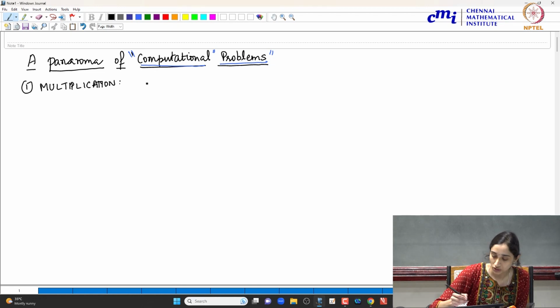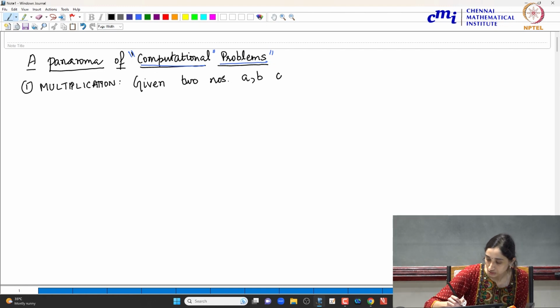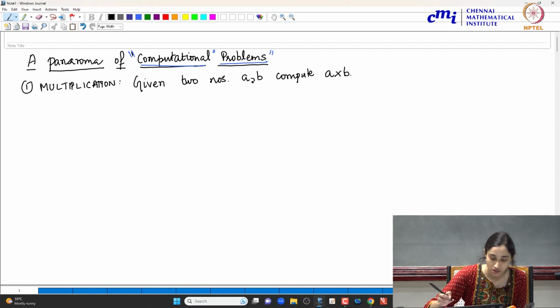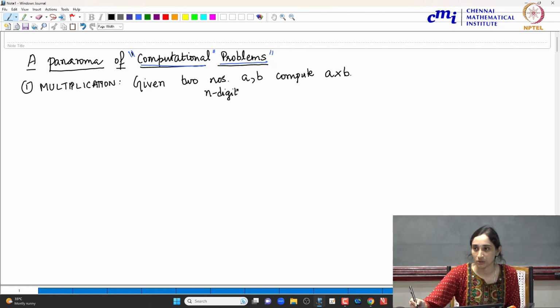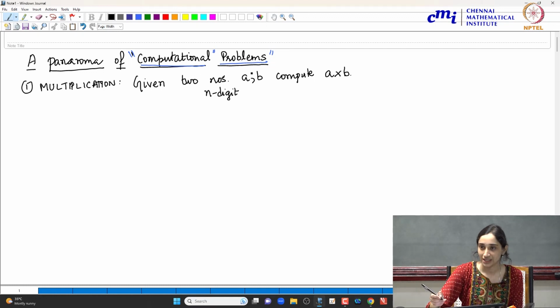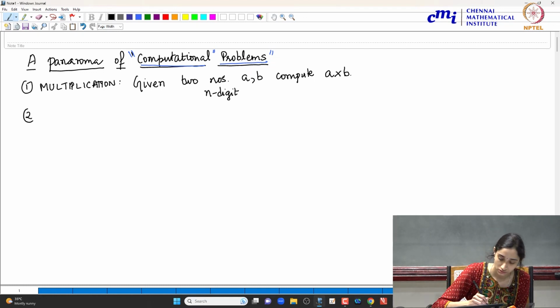You're given two numbers A, B. Compute the product of A and B. So I'll just denote it by A times B. Right. So these numbers are possibly n digit numbers. So that's a computational problem. Right. The input is two numbers A and B and the output is A times B, which is the product.